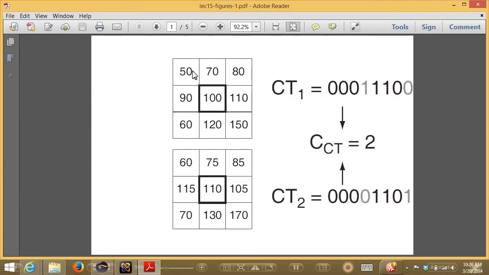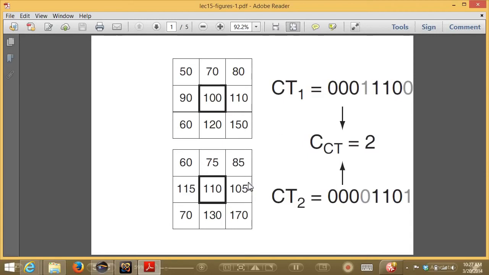So for example, if I follow this around, 50 is darker than 100, so my first bit is 0. This is darker than 100, so I have 0, 0, 1, 1, 1, 0, 0. And so I encode this block by this bit pattern of lighter or darker than the neighbors. That's what they call the census transform of that block.